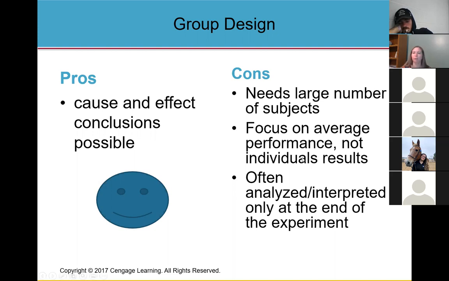Those individual results aren't what we're talking about. We are looking at the group performance, averaging across everyone. And often we only get those results at the end of a study. So rather than observing over small time points, we are looking at the end: did we see this happen or not?